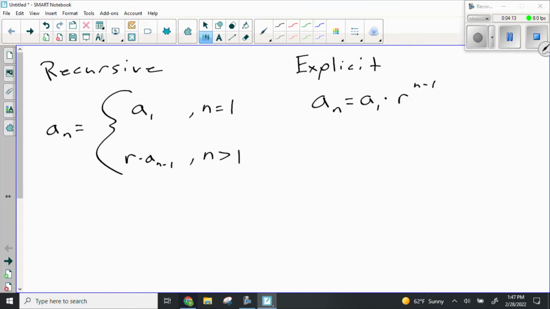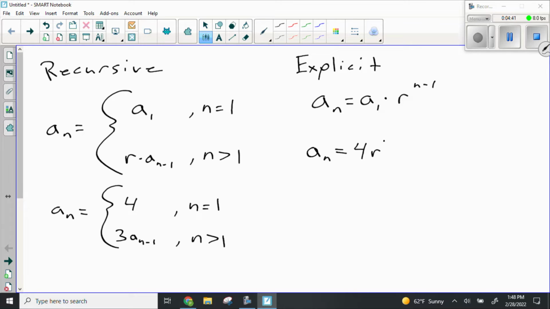So a sub n is equal to a sub 1, which is 4, for n equals 1, and r times a sub n minus 1, which is 3 times a sub n minus 1, for all n greater than 1. Over here, our explicit formula is going to be a sub n equals 4 times 3 to the n minus 1 power.